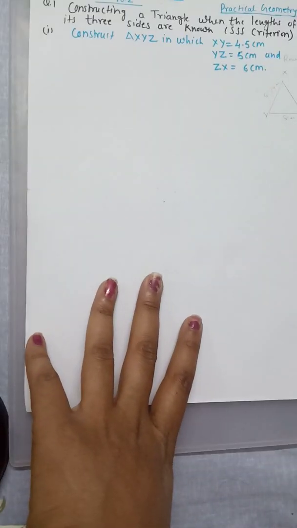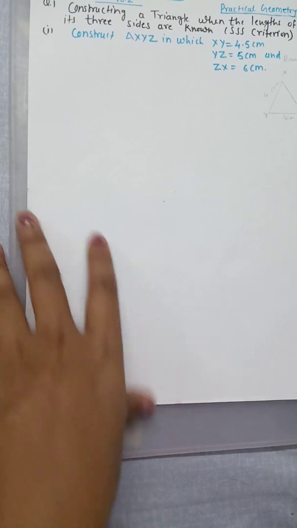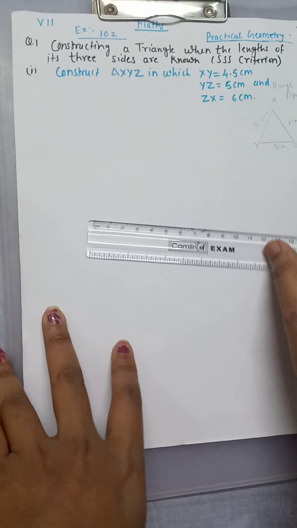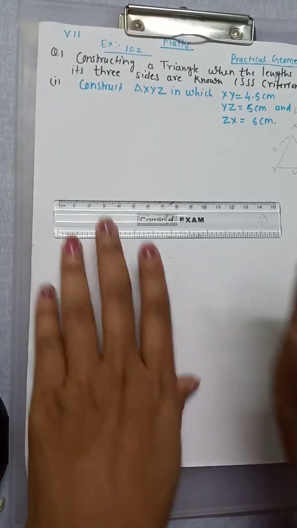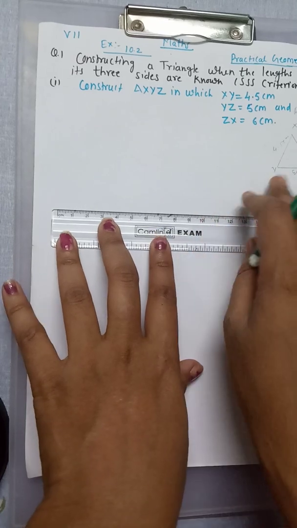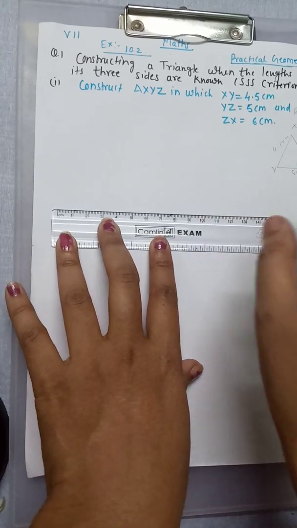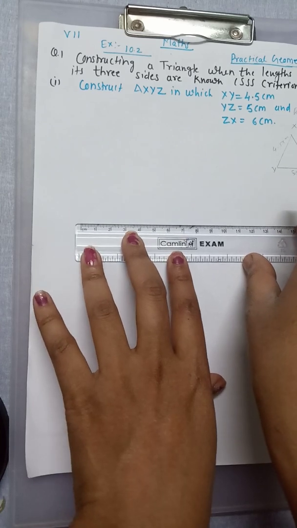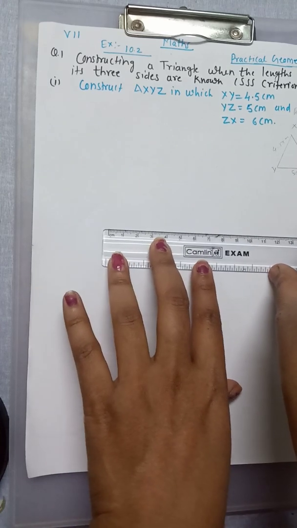Now according to this rough figure we have to construct the fair figure. First I will draw YZ. YZ is equal to 5 centimeter, a line segment.